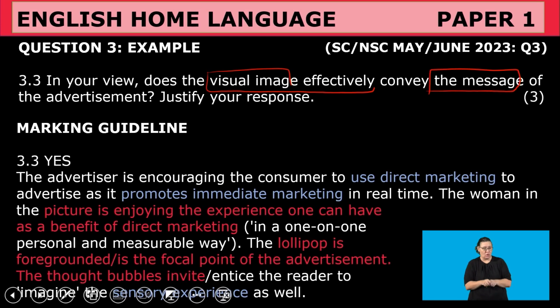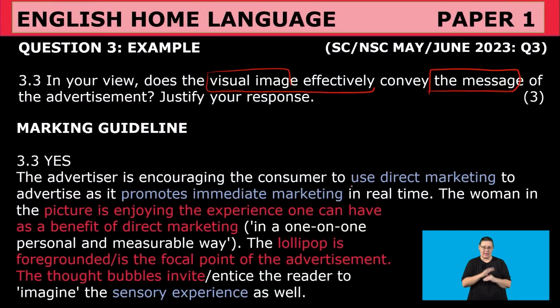Remember also that even though it's visual, you may and you must refer and take evidence from the text to support your answer. You'll see I have in different colors. The advertiser wants to encourage the consumer to use direct marketing because it promotes immediate marketing. That's the message. And then here, the picture shows enjoying the experience one can have with direct marketing.